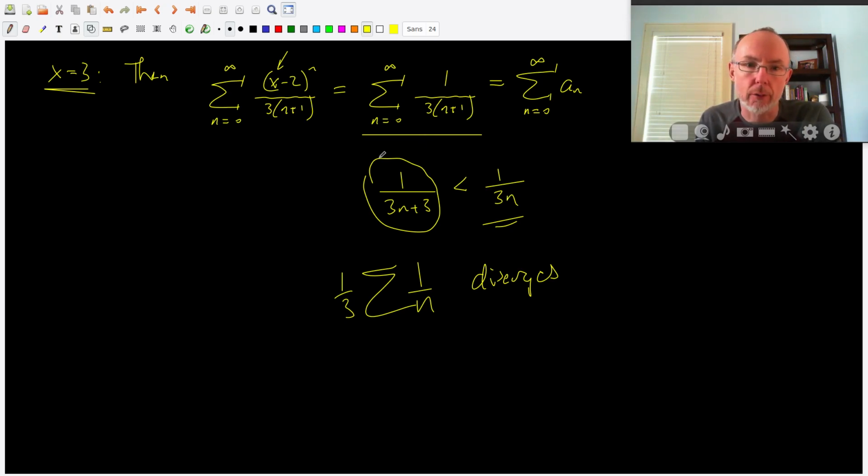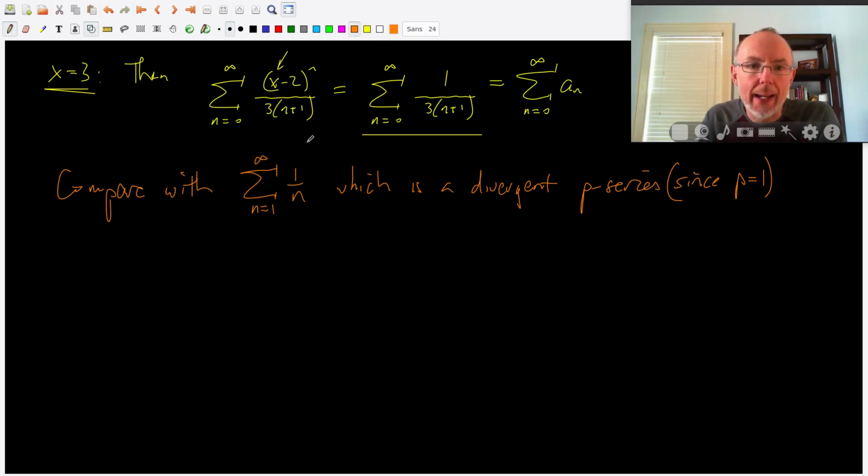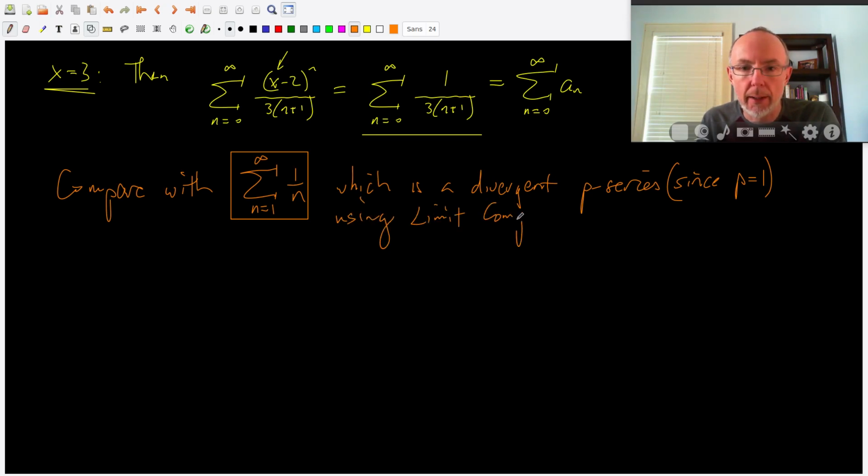limit comparison test. So the idea is we're going to compare with this harmonic series, and we're going to do this comparison using the limit comparison test. Right? And it's the overall behavior of this series when n is large that makes me think about the limit comparison test. And if this troubles you, think about pulling out the first term here.